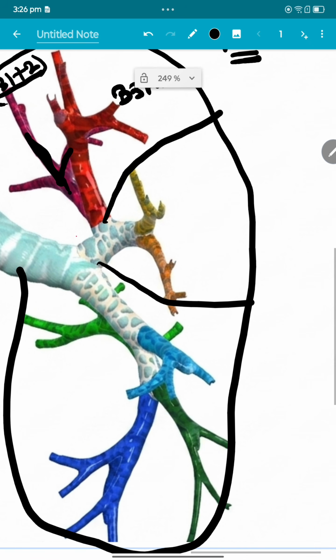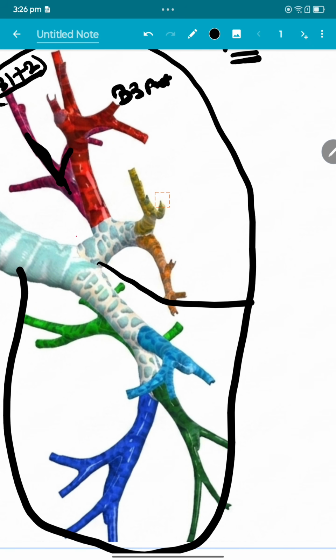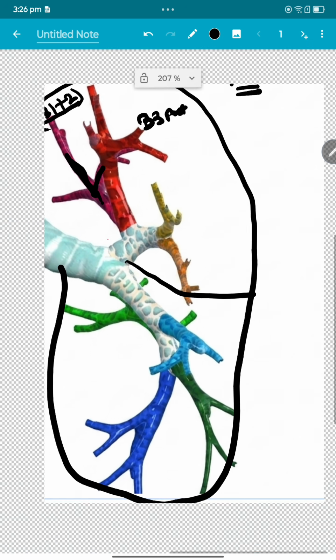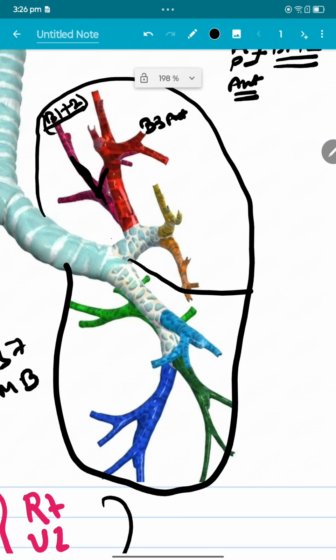The middle lobe is actually absent on the left side, and we have the two lingular segments. These lingular segments come under the upper lobe.